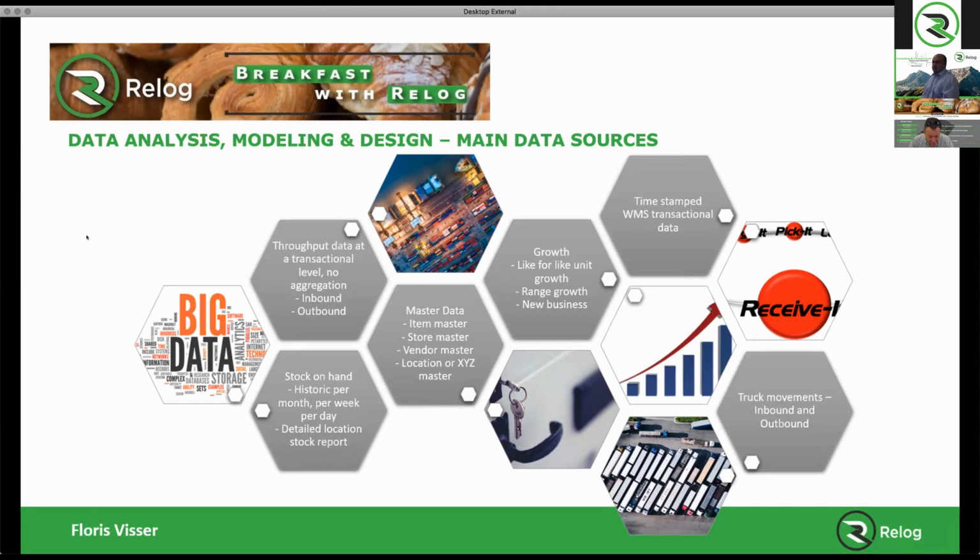We spoke about time-stamped WMS transactional level data, where we actually look at each task the WMS issued and was completed by the operators, when it was done, each error message that was returned, why did it happen, where did it happen, to really dial down into the root cause of productivity issues.